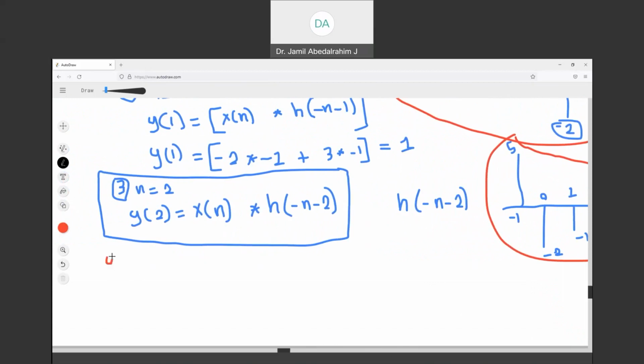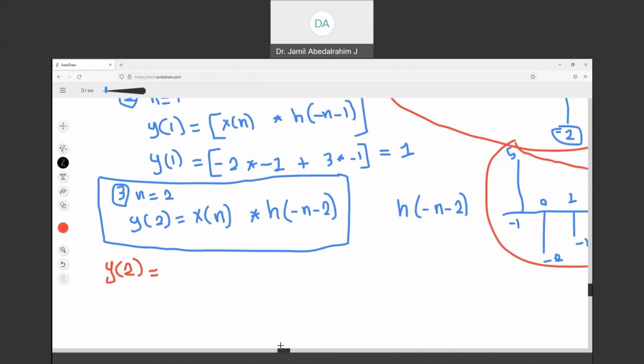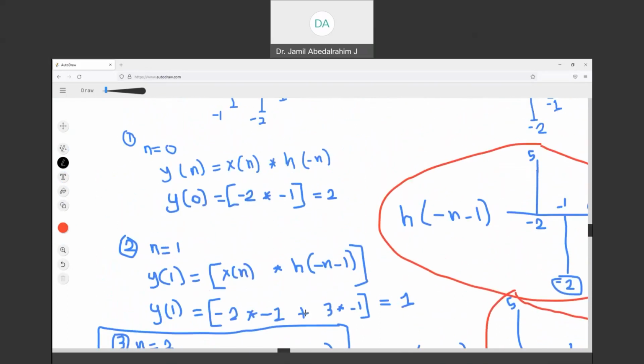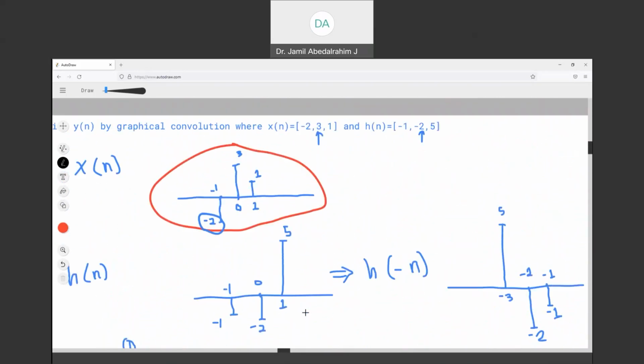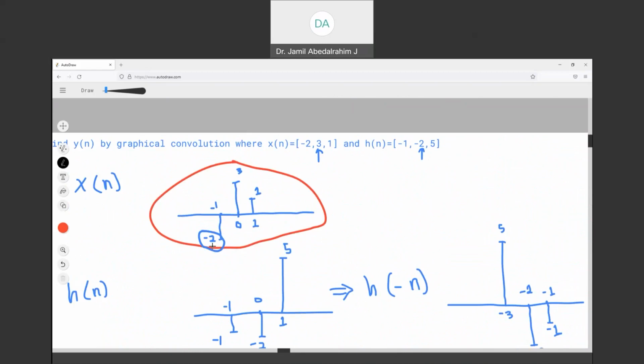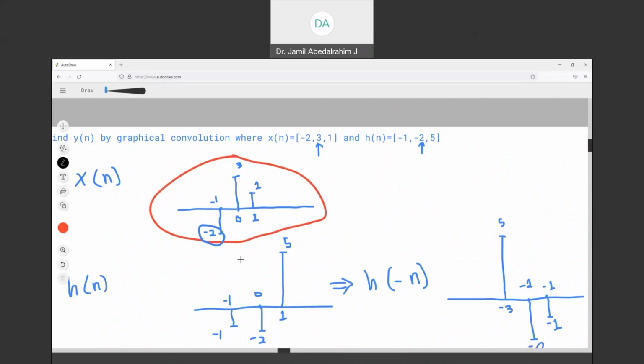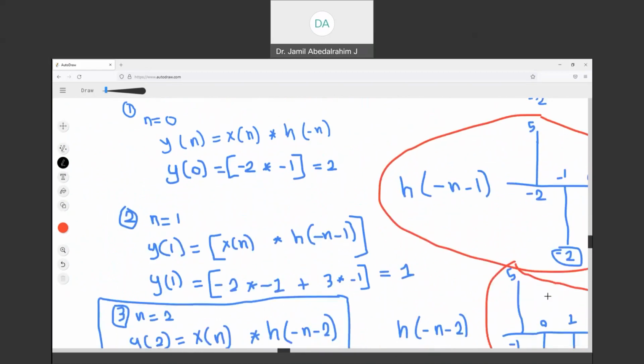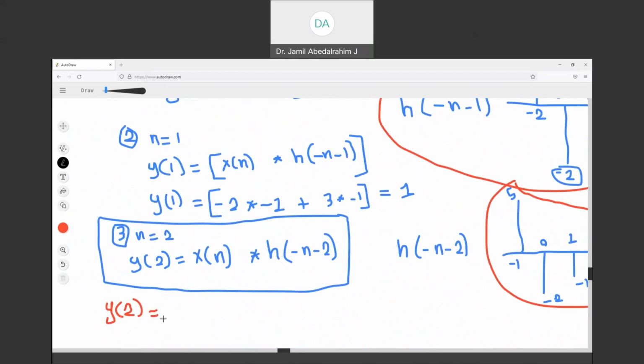Y of 2 equal. Okay, we start with minus 1. Negative 2, and here minus 1, 5.